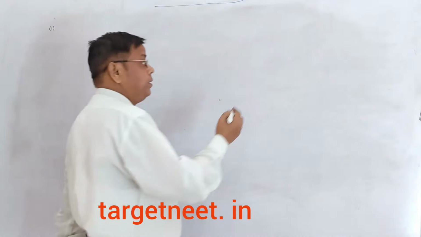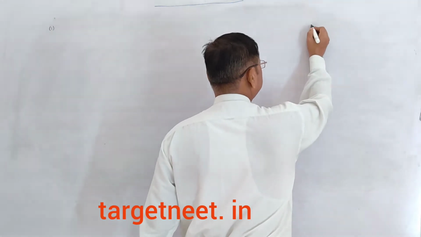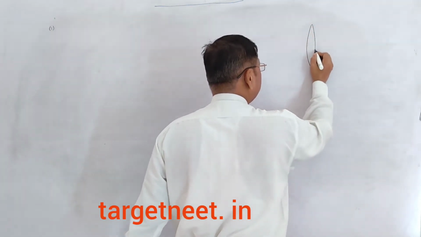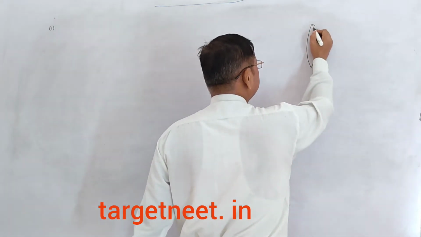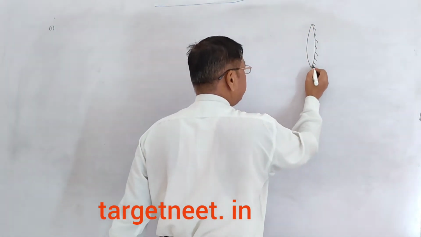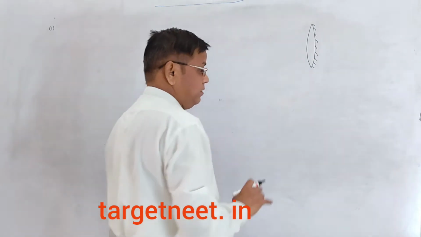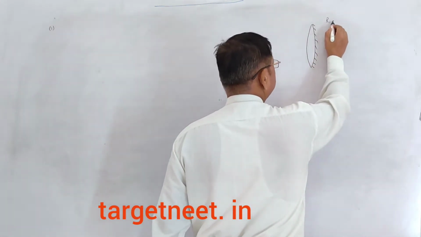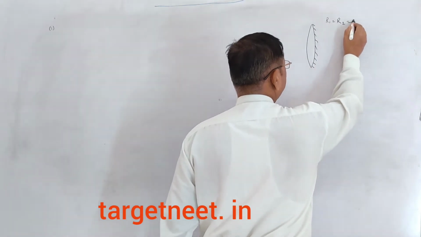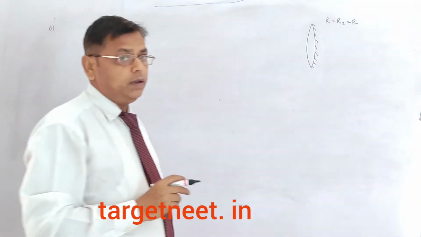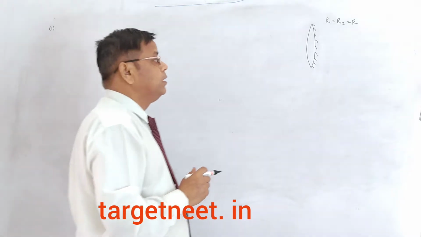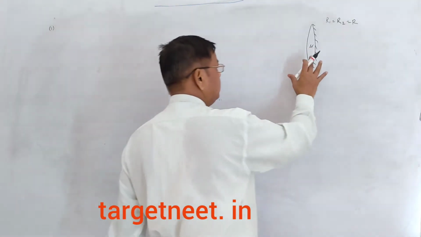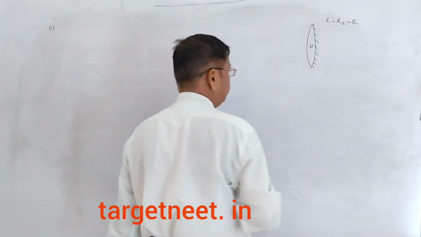Now third example, suppose it is an equiconvex lens and one surface is silvered. Equiconvex lens, it means r1 is equal to r2 is equal to r that is given, and one surface is silvered, and this is mu. Now we have to find the effective focal length of this.